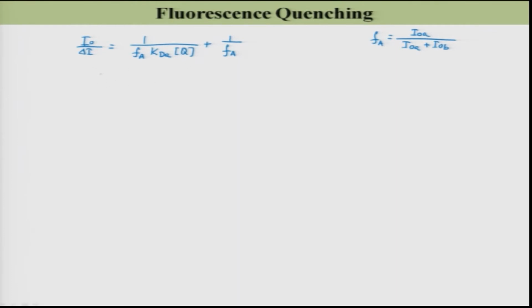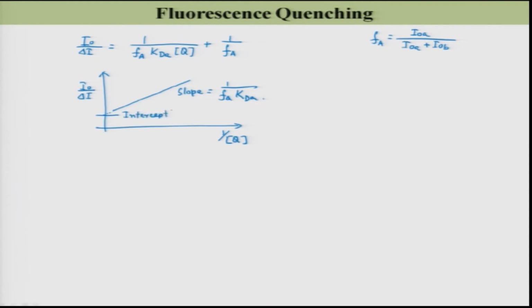Now, you see we got this equation. Now, if I plot, instead of plotting I 0 by I, I 0 by delta I as a function of 1 over q, I will get a straight line, where the slope will be equal to 1 over f A k dA, and the intercept will be equal to 1 over f A. So, like this I will be able to calculate the value of k dA.